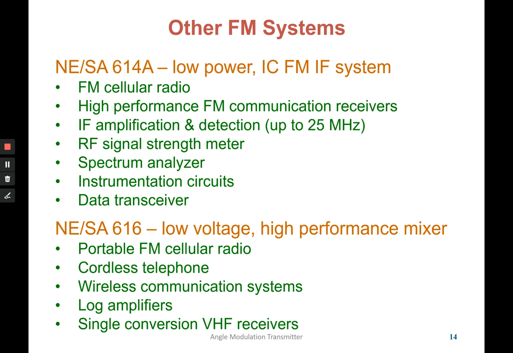Another one, if you want to design a low voltage but high performance mixer, you can use the NE616, which is mostly used in portable FM cellular radio, cordless phones, wireless communication systems, VHF receivers, and lots more.